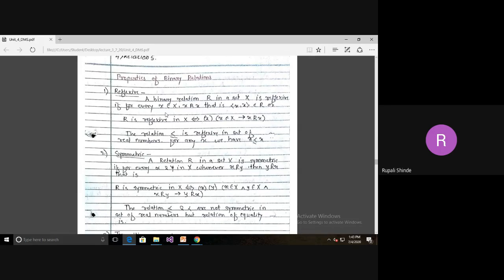Here that relation is reflexive. Why? Because for all the elements of set X, there are two elements, 1 and 2. For 1 there is the ordered pair 1 comma 1 in relation R, and for the second element 2 comma 2 is in relation R. So for every x there is the ordered pair x comma x which belongs to R. That's why the given relation is a reflexive relation.